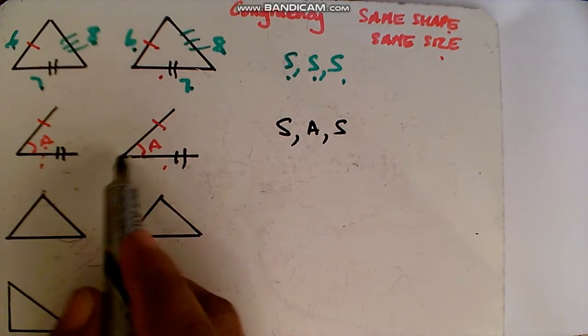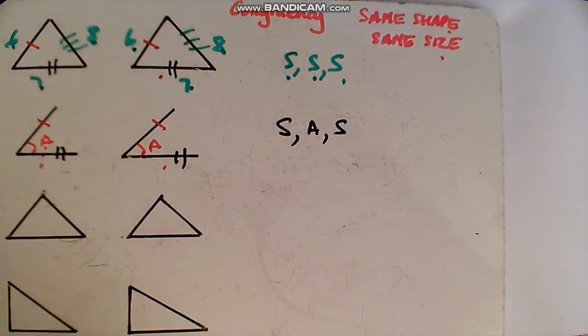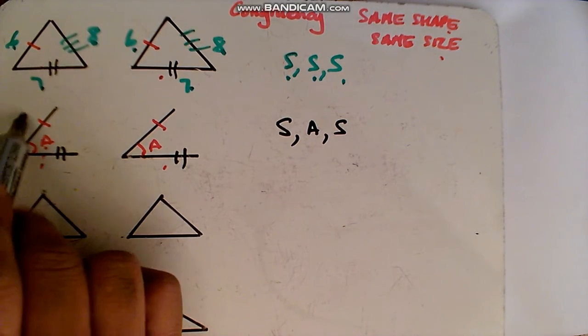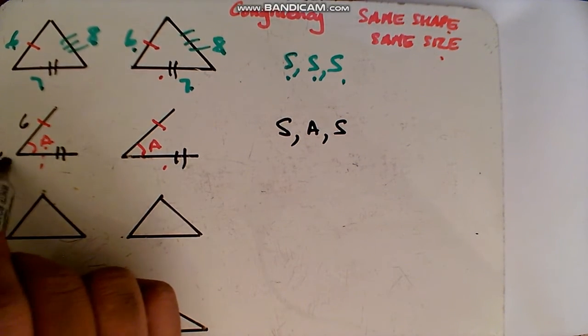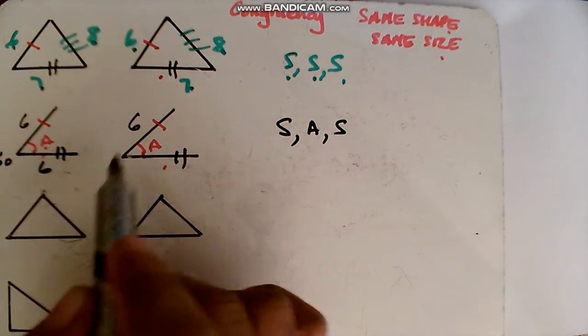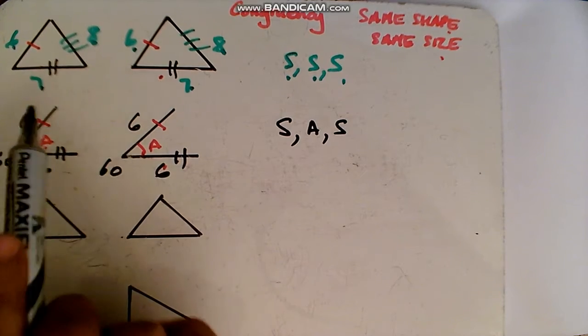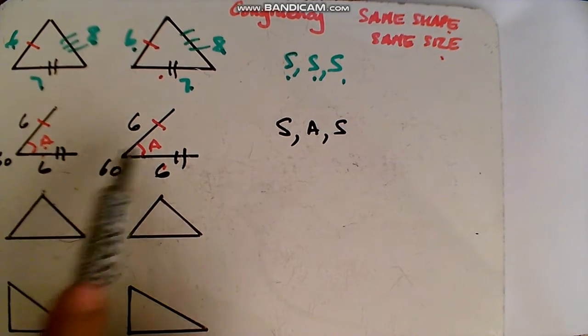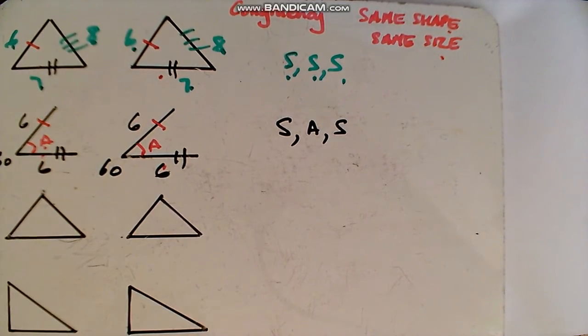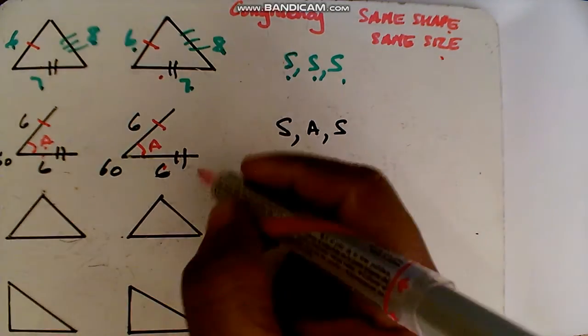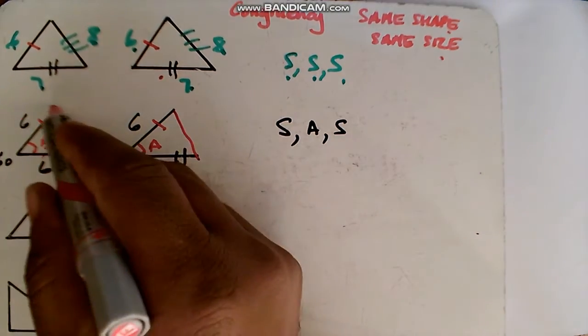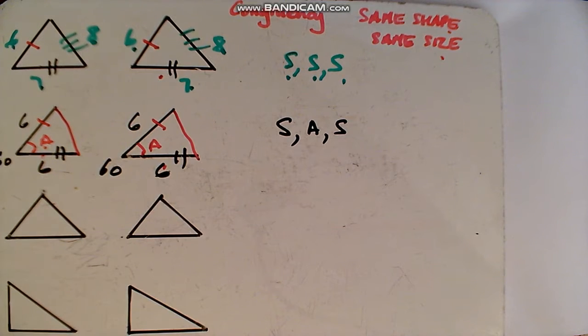Okay, and also if values were given, for example, 6, 60, and 6, 6, 60, and 6, then it's a side, an included angle, and a side, and that will make them congruent. Now notice that the third side will automatically be the same, and so that will be side, angle, side.